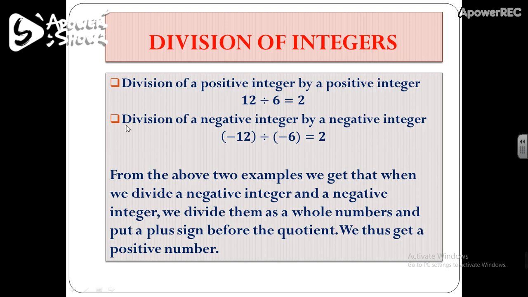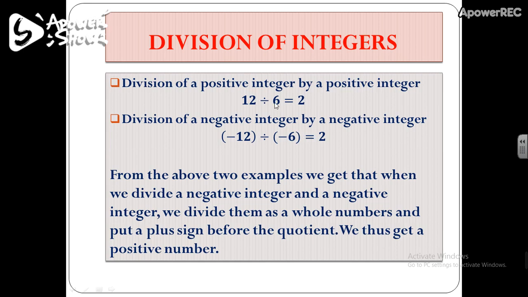Now in the second one I am going to divide a negative integer by another negative integer. So after dividing minus 12 by minus 6 we get the answer 2, which is a positive integer.